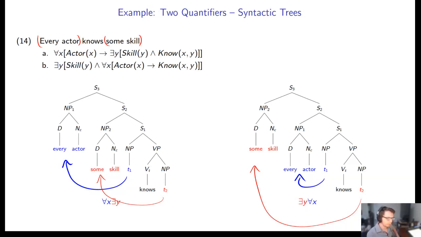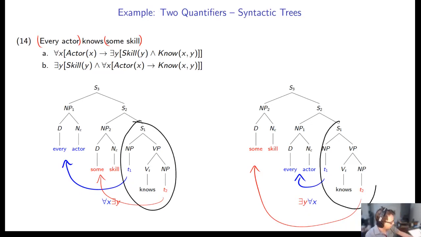So one thing that we notice, and we're going to take advantage of in the lecture slides, and I encourage you to take advantage of this too, if you ever come across this, is that in both of these structures, we have some similarities, and that's that everything up to S1 is completely identical. So T1 knows T2 is exactly the same in both of these trees.